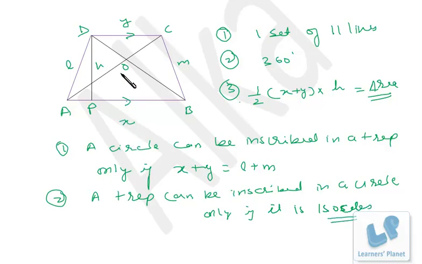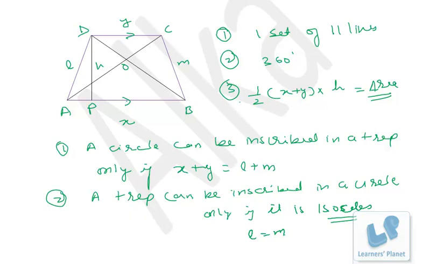That means L should be equal to M. Okay, if you want this trapezium to be inscribed in a circle, then this length must be equal to this length. Okay, now a circle can be inscribed in a trapezium and a trapezium can be inscribed in a circle. Both the conditions should be clear in your mind, right?